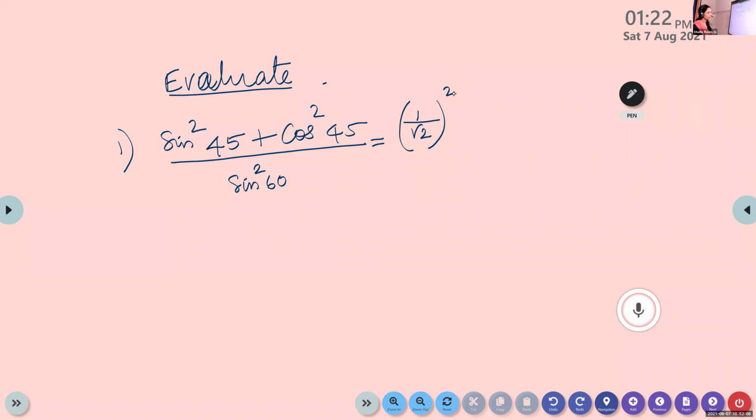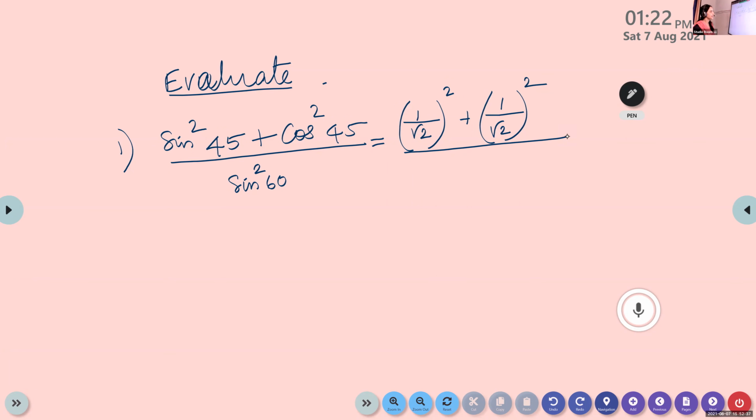So 1 by root 2 the whole square, plus, what about cos 45? Meghna? Cos 45 is 1 by root 2. 1 by root 2 the whole square, by sine square 60.